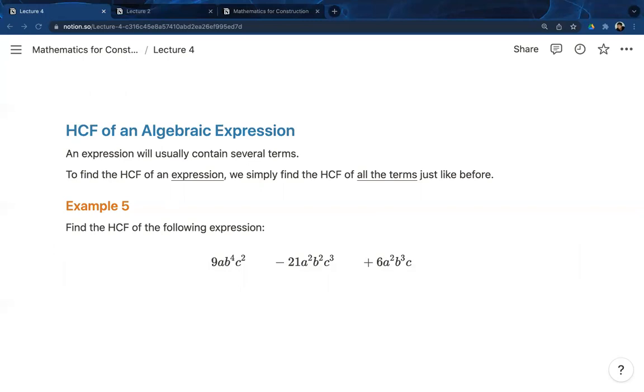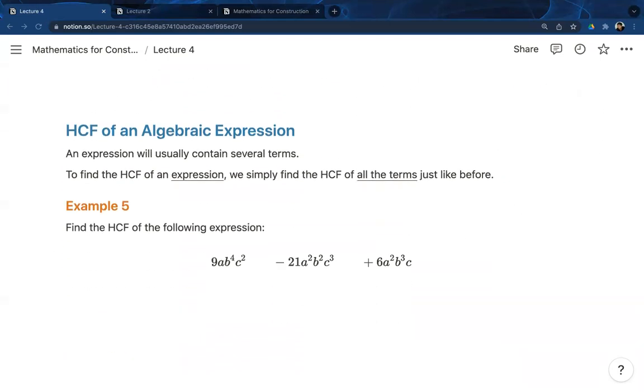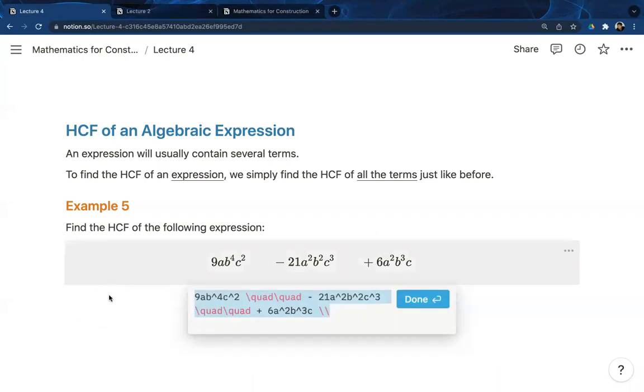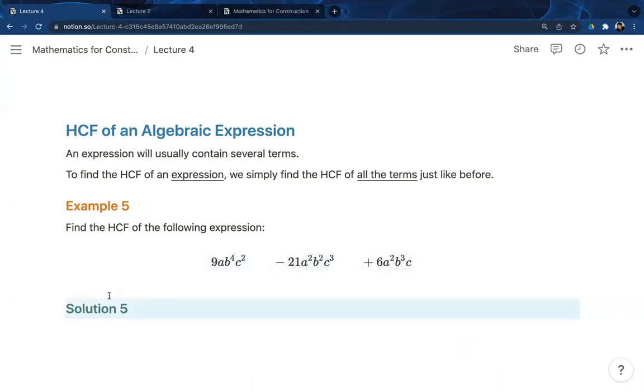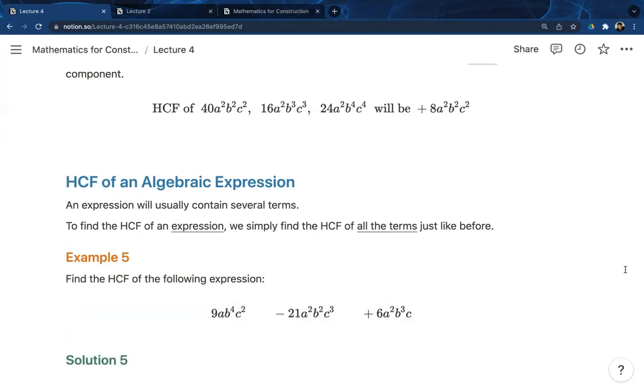Well, what you have to do is find the HCF of each of the terms, just like you were doing before. So I'll try this question now and tell me what you think, if you could figure this out. Okay, yes, treat the terms in the expression like they were separate, and take care, look at the sign, the number, and the letters.